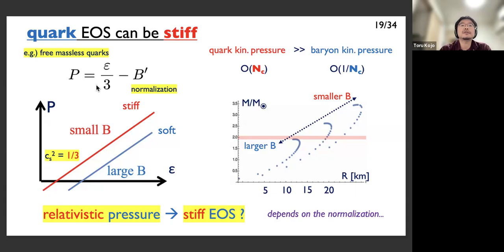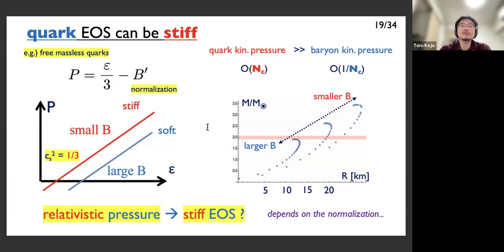The simplest possible equation of state should be the free massless quark gas, whose pressure is given by just 1/3 of the energy density. Whenever we construct an equation of state, we have to put in some normalization constant to set zero for the pressure.